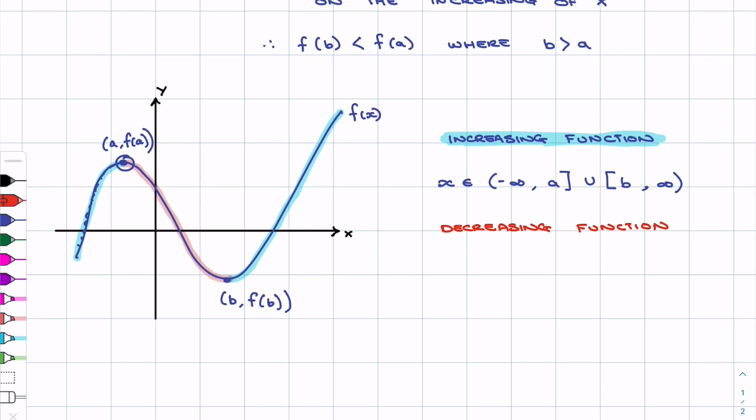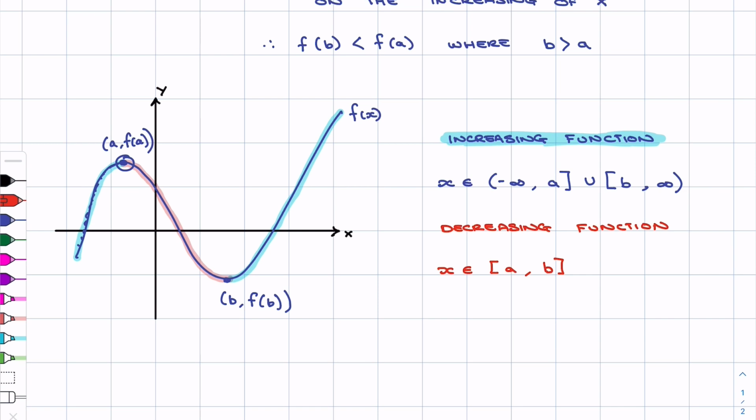And we're going to say that the domain of this is equal to [a, b]. Again, we use inclusive brackets, the square brackets, to mean that a and b are where they're decreasing.